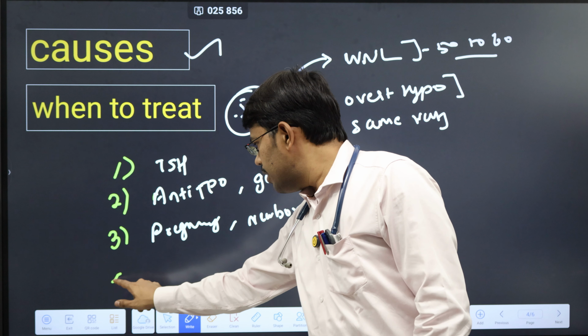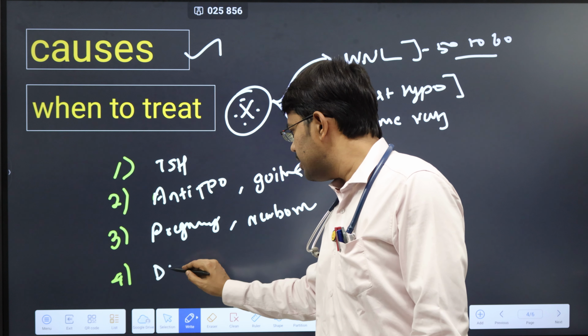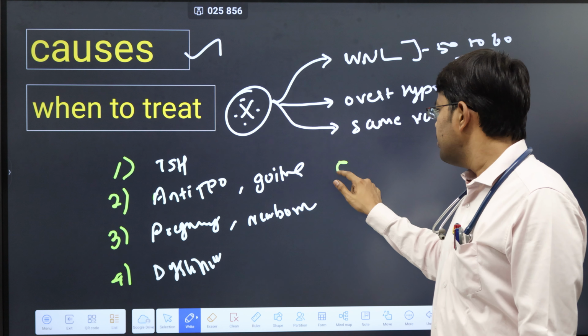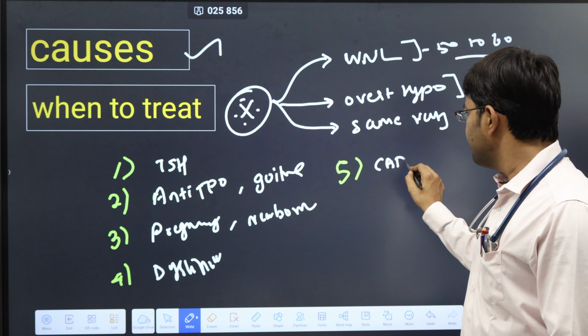And apart from that, when the patient is having dyslipidemia, if the lipids are high. The fifth one, when there are other comorbidities like CAD.